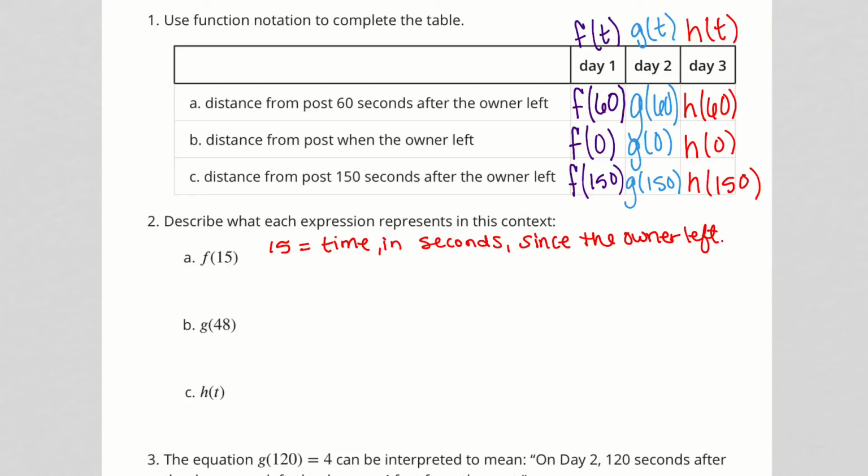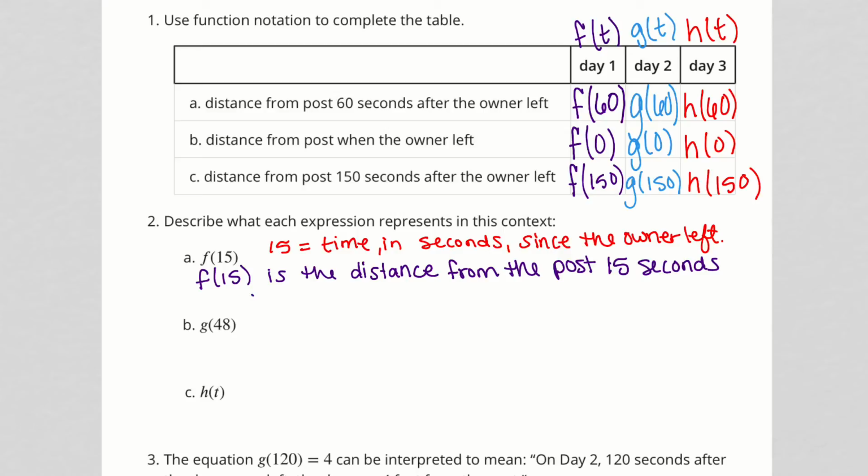Okay, so let's say f of 15 is the distance from the post, 15 seconds after the owner left, on day 1.